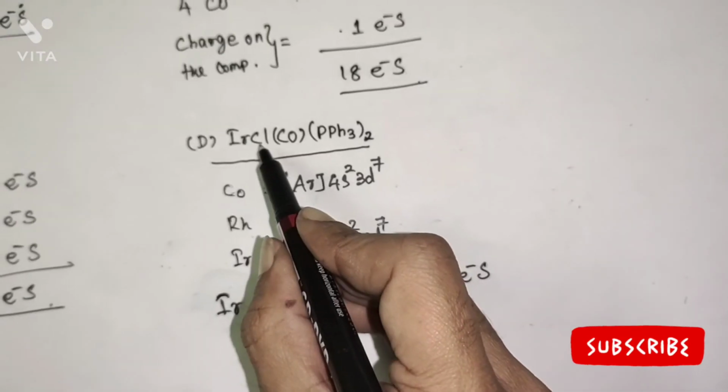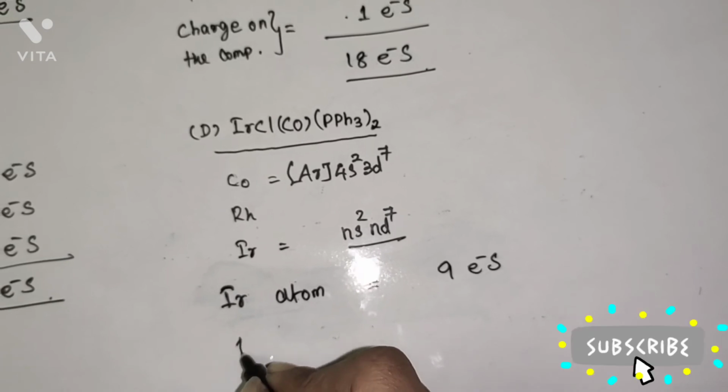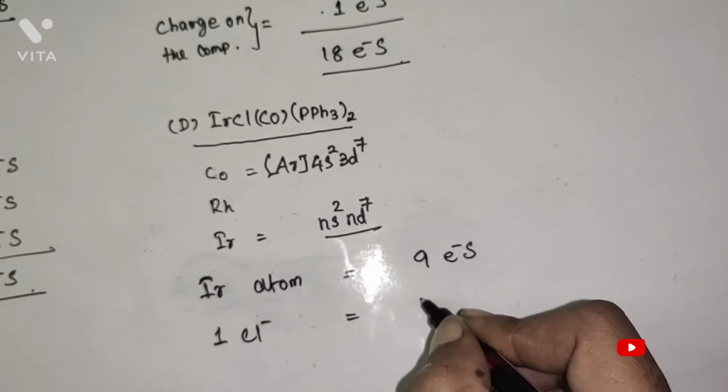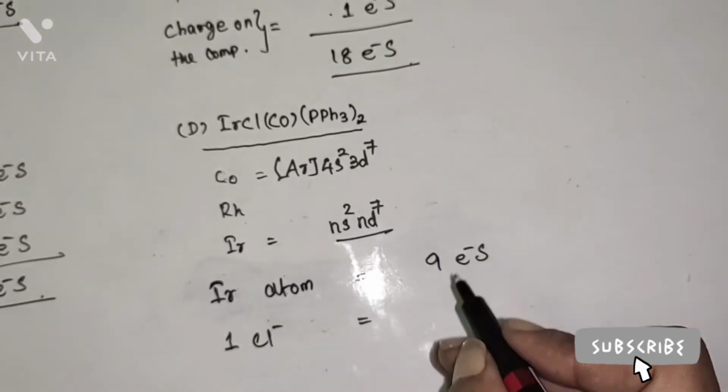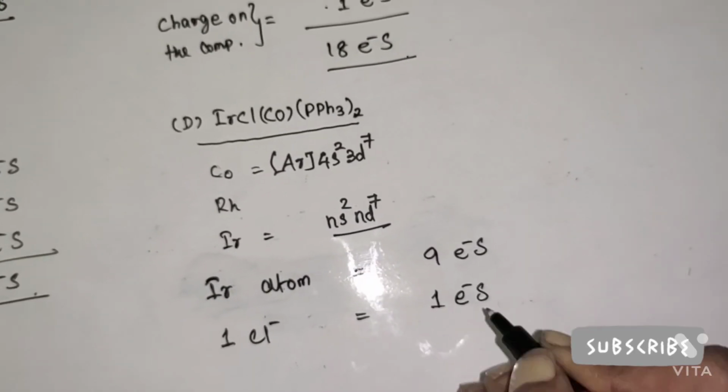Next, one chloride is present, a 1 electron donor.